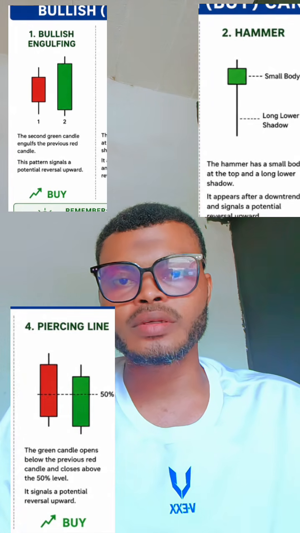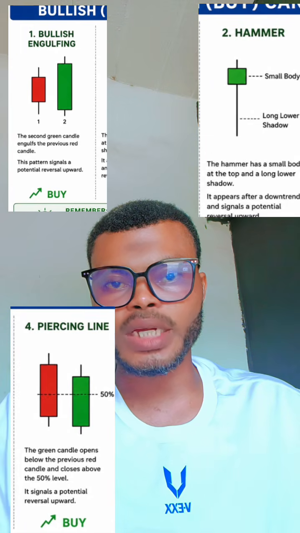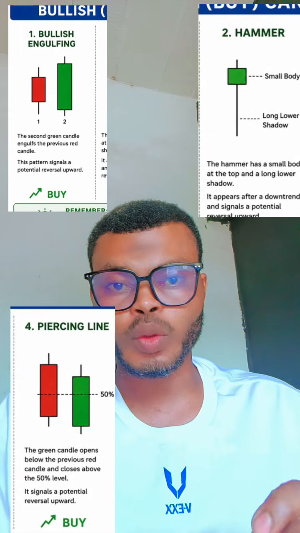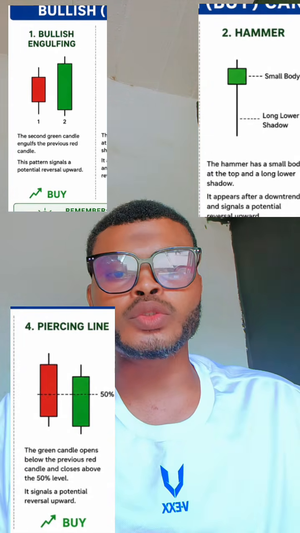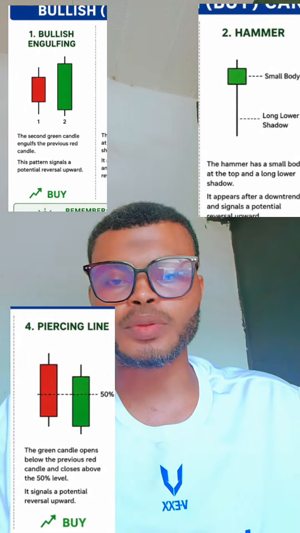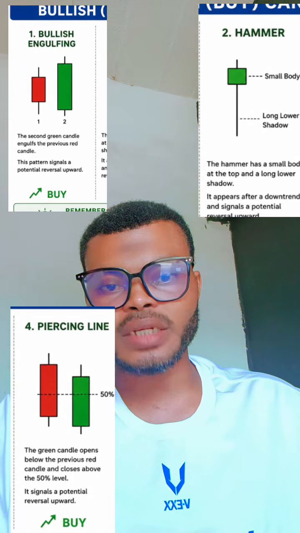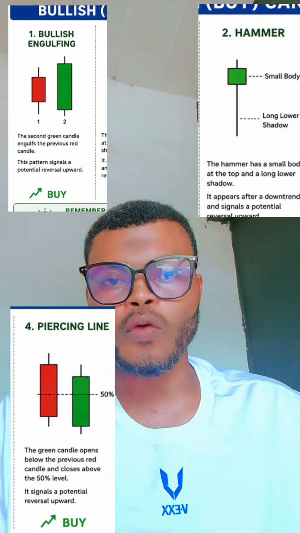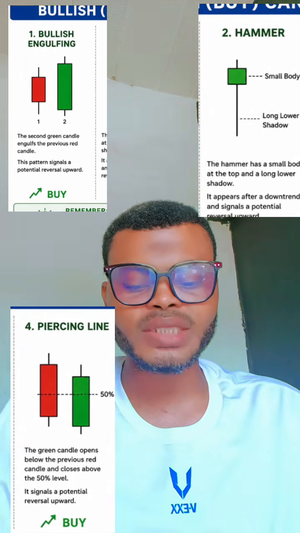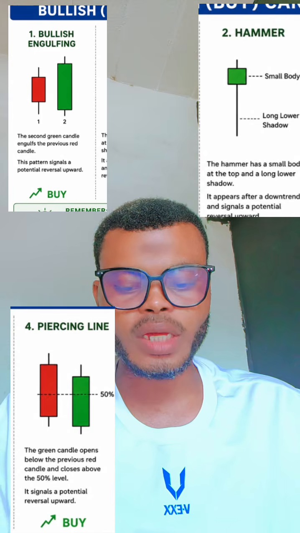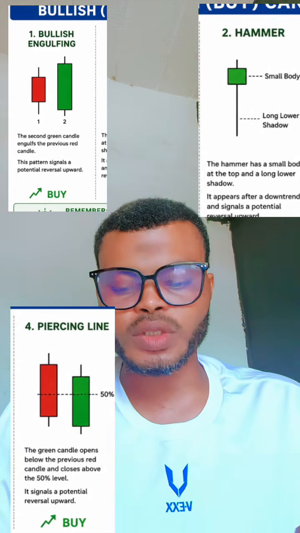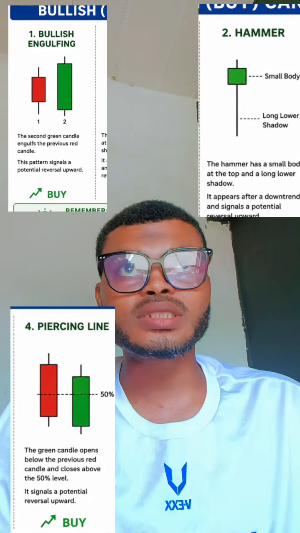If you rely only on the candlesticks, you will get it wrong, and sometimes you may get it right. With cryptocurrency, nothing at all is guaranteed, but these patterns have more than 70-80% chance of working.